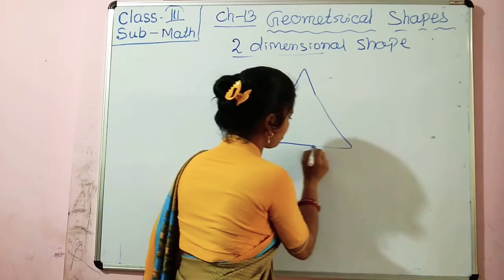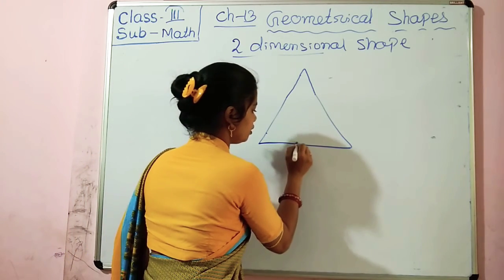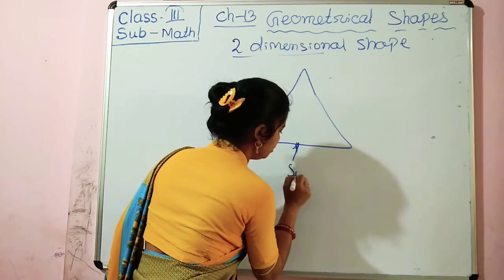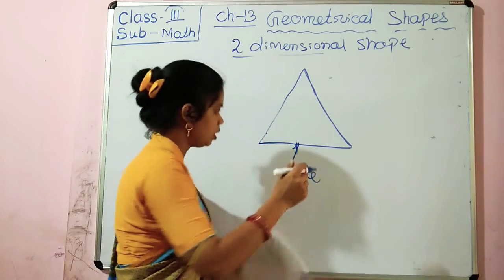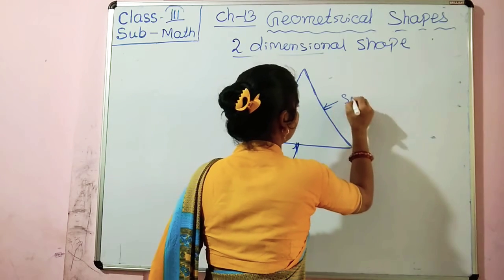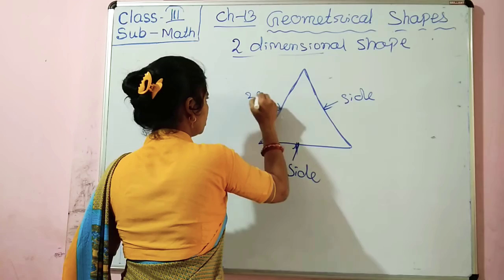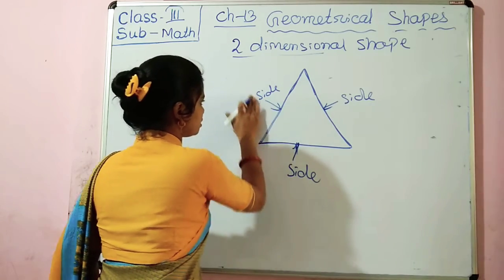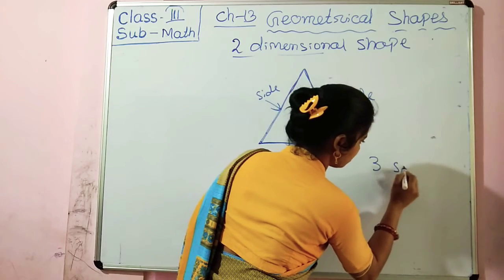Here how many sides of a triangle? There are three sides. Here is a side, it is also a side and this is also a side. A triangle has three sides.